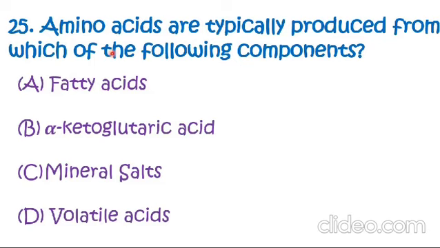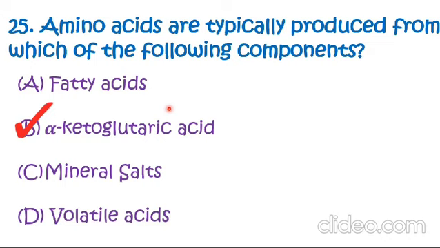Question number 25. Amino acids are typically produced from which of the following components? Fatty acid, alpha ketoglutaric acid, mineral salts, and volatile acids. Our correct option over here is option number B, alpha ketoglutaric acid.